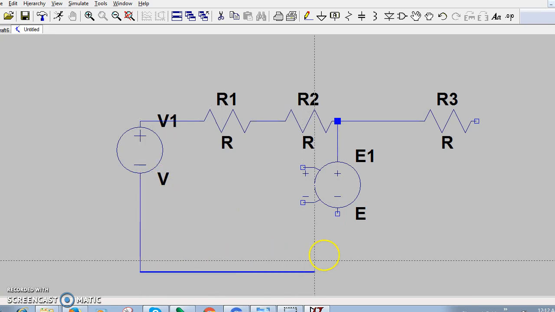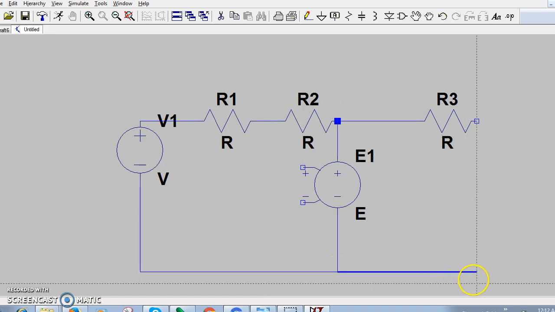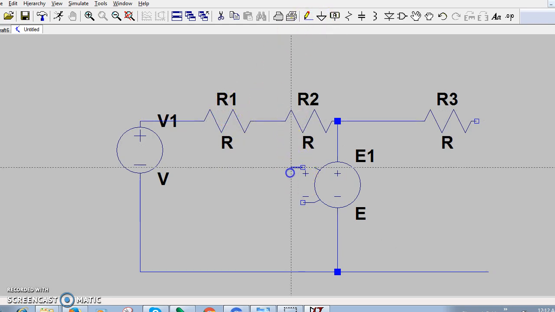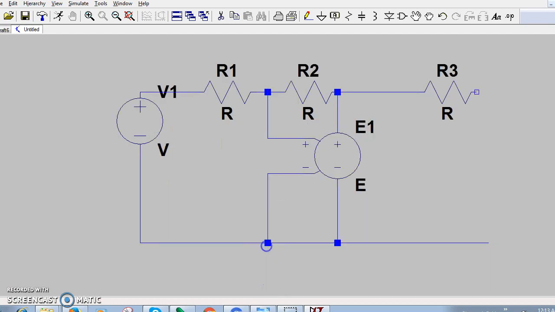Basically keeping R1 and R2 separate is that a voltage dependent voltage source is dependent on the voltage between R1 and R2, and hence by connecting a wire over here and a wire over here. Okay, so now let's ground it.